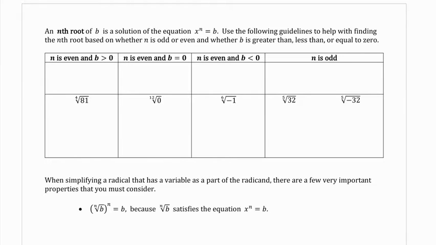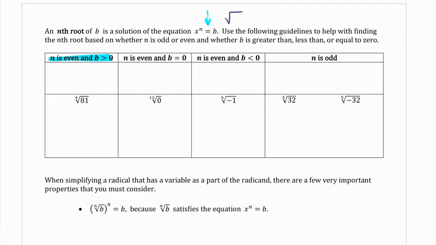Okay, so our first case here, we've got if n is even and b is greater than 0. So remember, look here, n is going to be the exponent or the index that is on our radical, and b is going to be the number that's inside the radical. Okay, so let's write it this way.